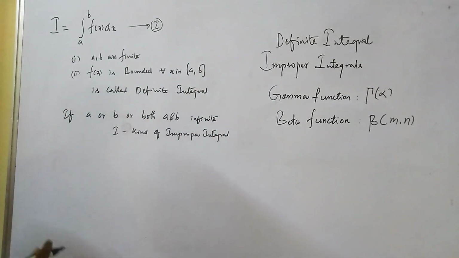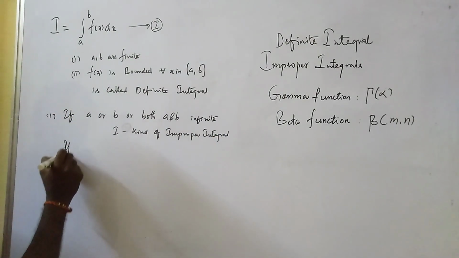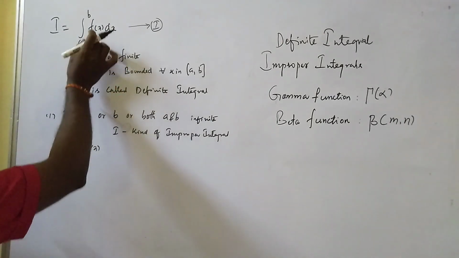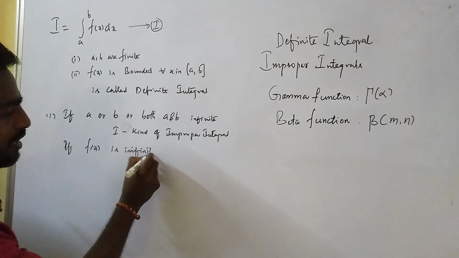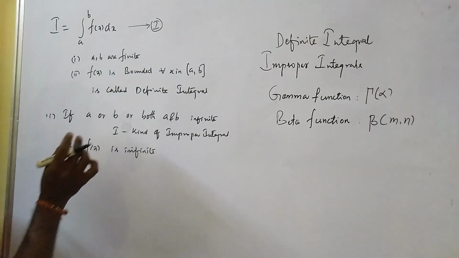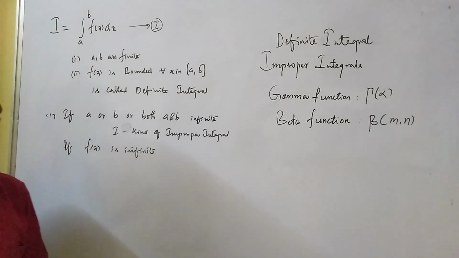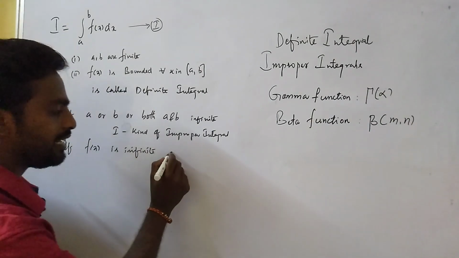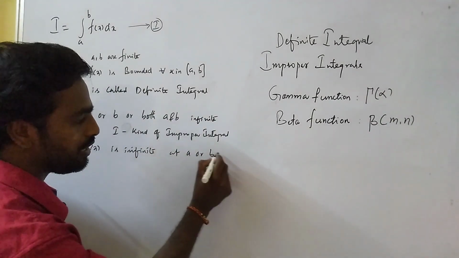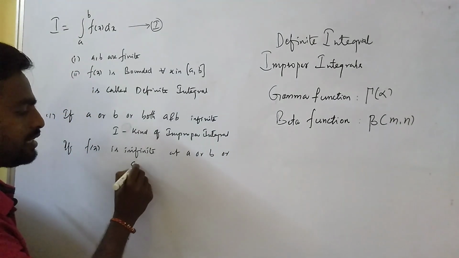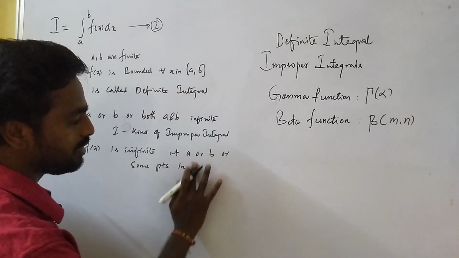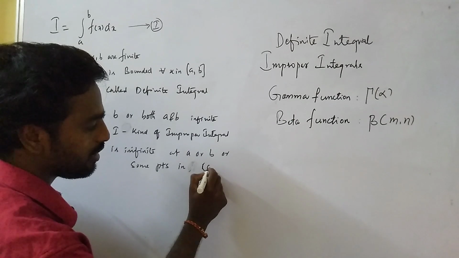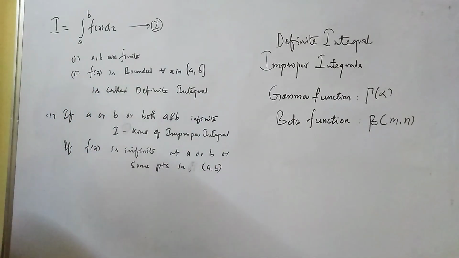And the second one. Next, if the function f of x is infinite at the boundary points, if a comma b are not infinite values, that means minus infinity or plus infinity, whatever that value, f of x is infinite at a or b or some points in between in the interval a comma b.